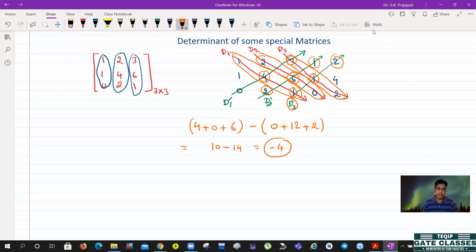This is the determinant of the 3 cross 3 matrix. So by this method you can find the determinant of any 3 cross 3 matrix in this easy way.